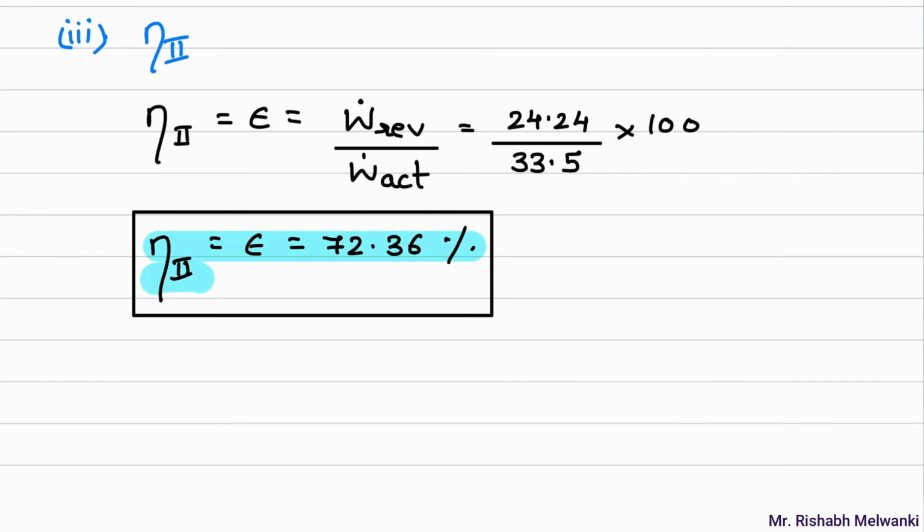So what we are actually finding with second law efficiency is how far behind we are from the ideal case, how far the power the compressor actually consumes is behind this ideal power consumption.